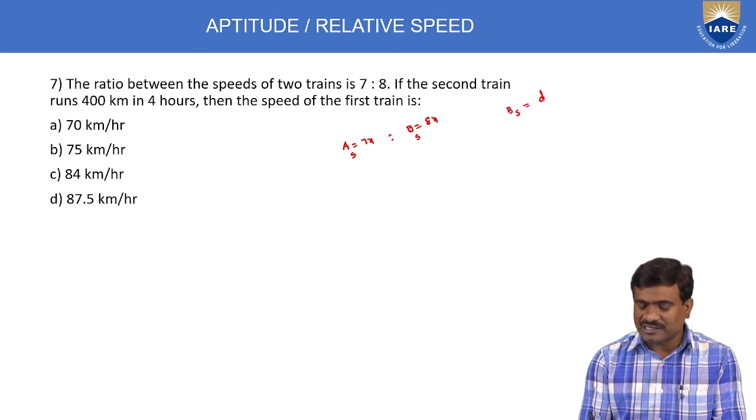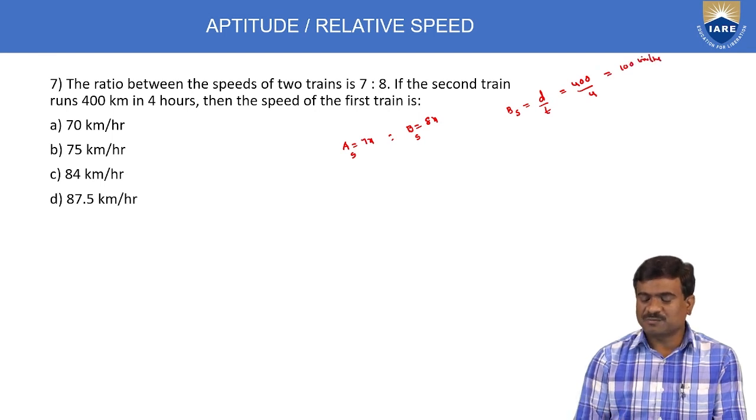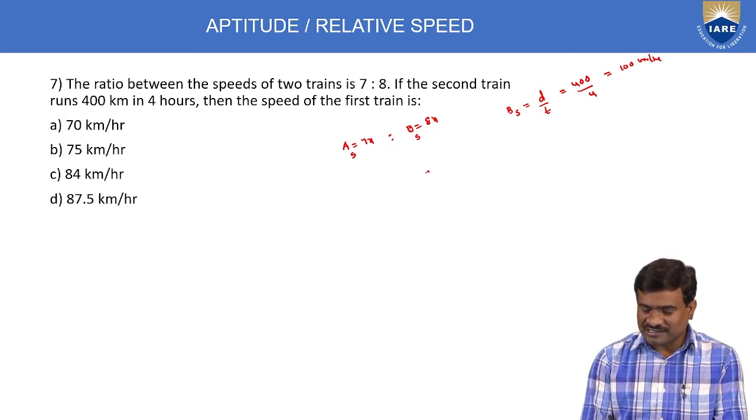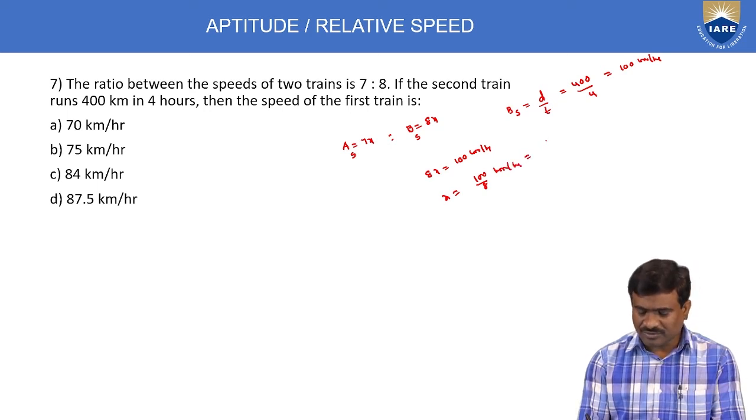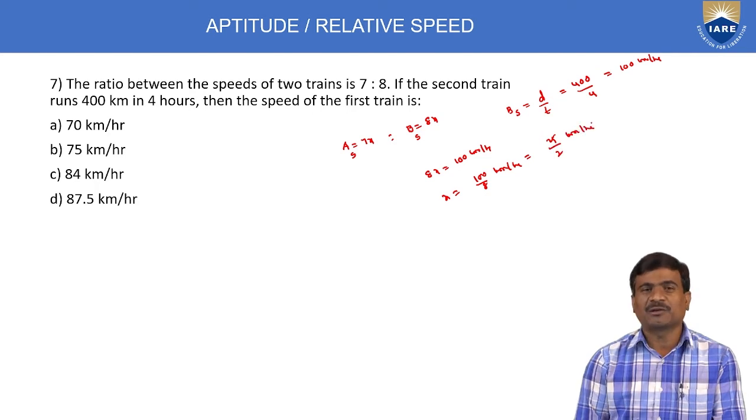If the second train runs 400 kilometers in 4 hours, then B speed is equal to distance by time, 400 by 4, which is 100 km per hour. B speed is 8x, so 8x is equal to 100 km per hour. X is equal to 100 by 8, which is 25 by 2 km per hour.